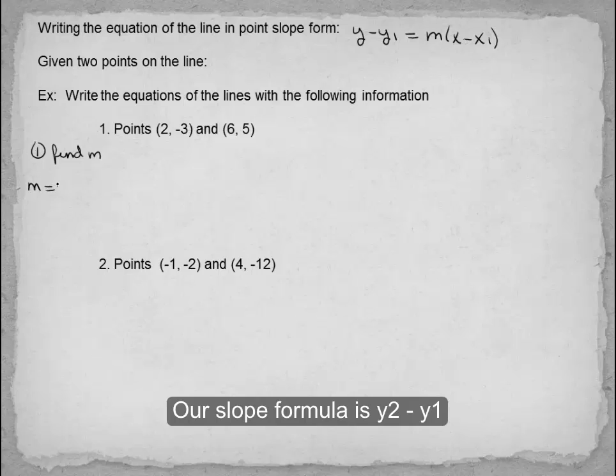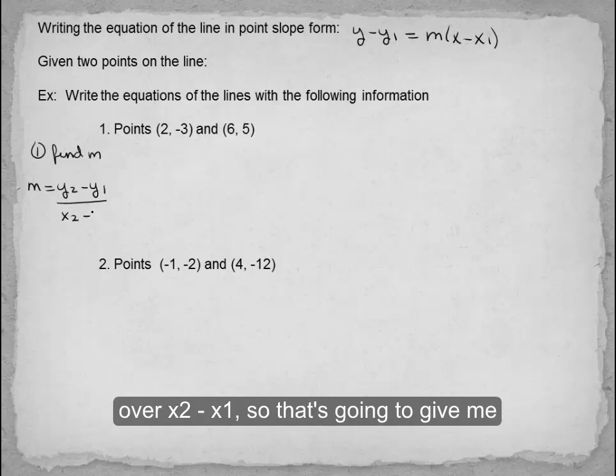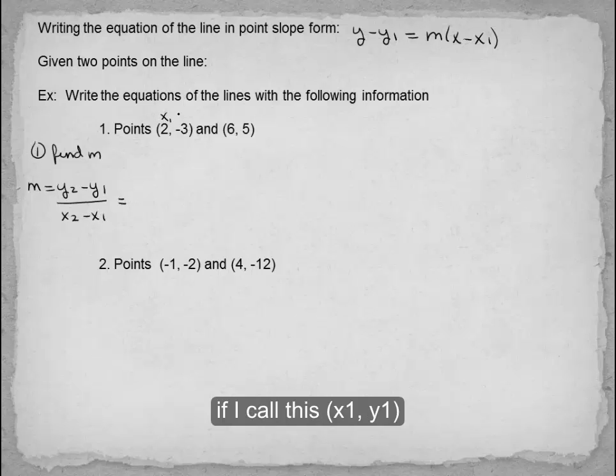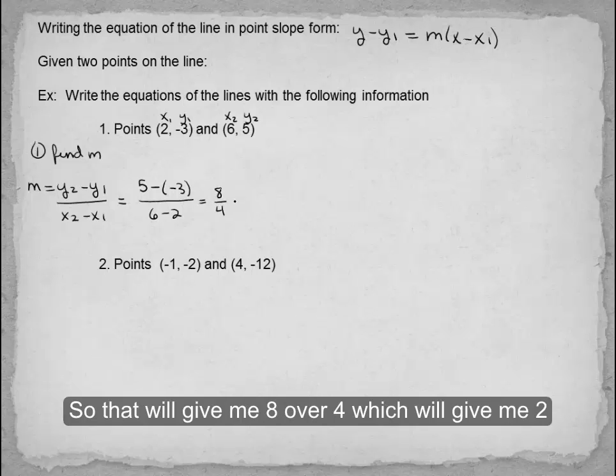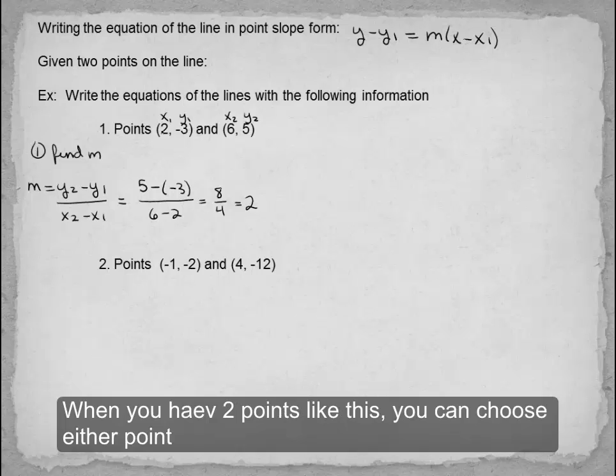Our slope formula is y2 minus y1 over x2 minus x1. So that's going to give me, if I call this x1, y1, x2, y2, I'll have 5 minus -3 over 6 minus 2. So that will give me 8 over 4, which will give me 2. Now, when you have 2 points like this, you can choose either point.